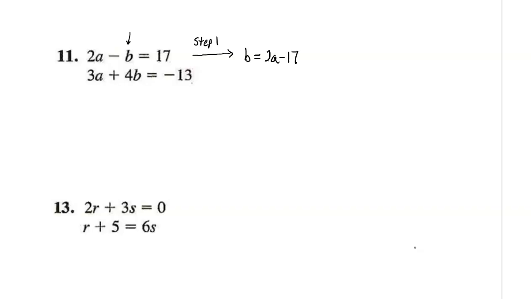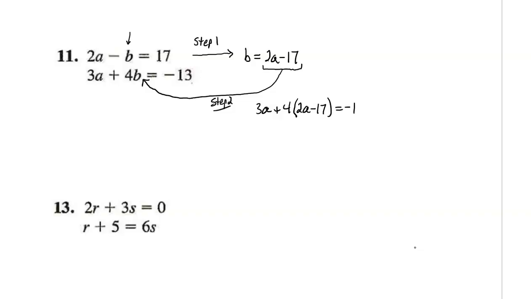Now step 2. Take that expression and substitute it in place of the letter b in the second equation. And write down what's created. 3a plus 4, and then in parentheses, substitute 2a minus 17.